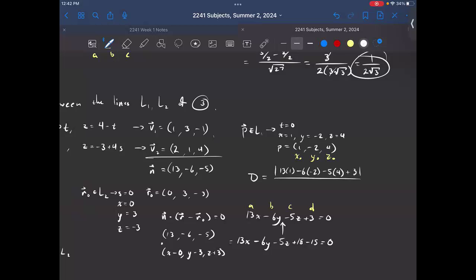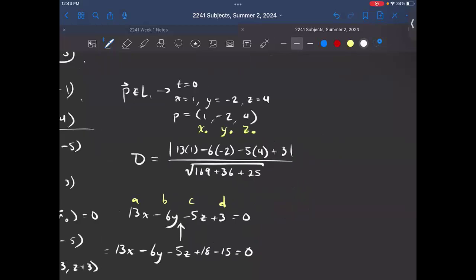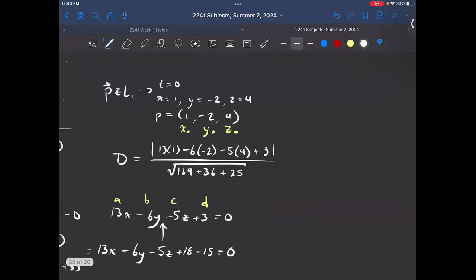Divide by the norm of that normal vector, so we have the square root of 169 plus 36 plus 25. Some big numbers. Let's see what we got. Minus minus, that's a plus. And we have 13 plus 12 minus 20 is 5, plus 3 is 8 on top.